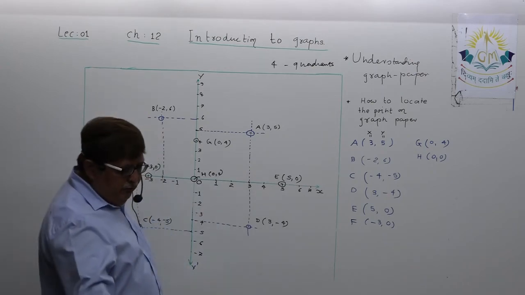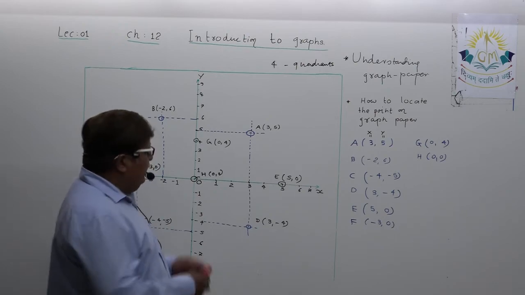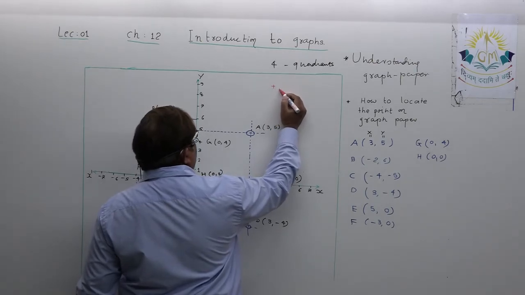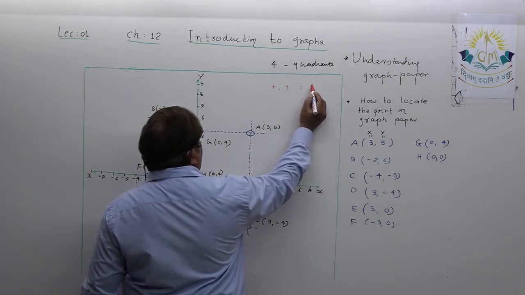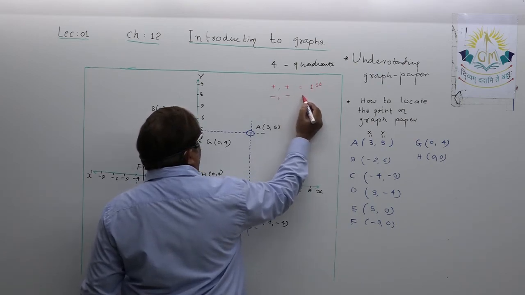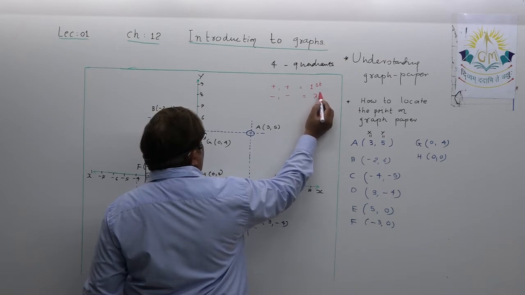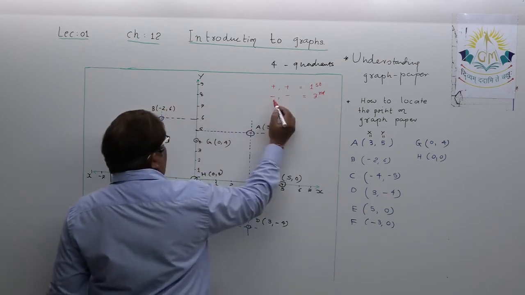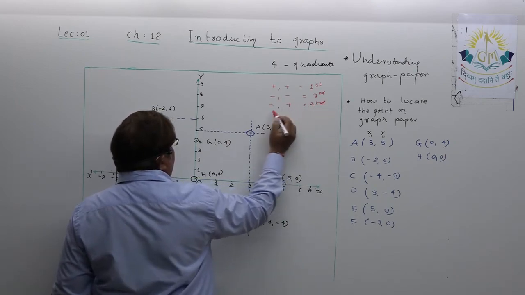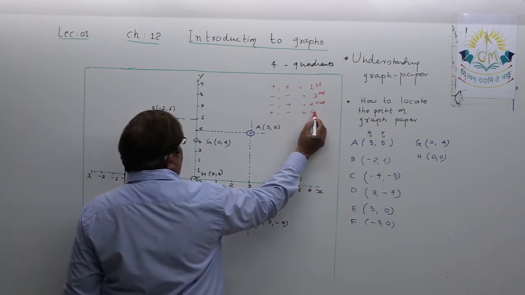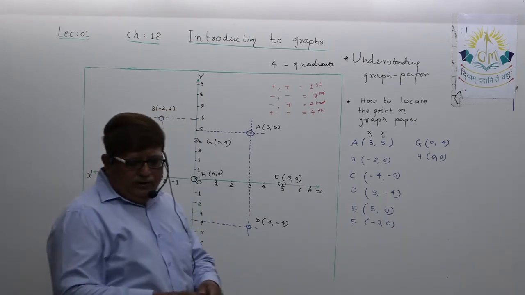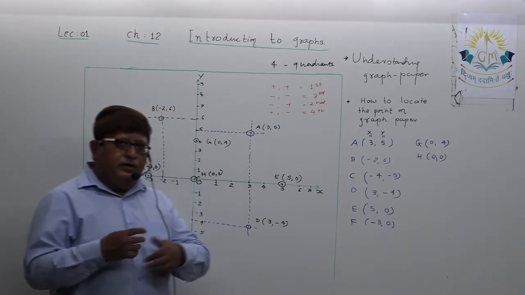And just to sum up this fact, you can write this way, dear student. Suppose both coordinates positive. Can you tell which quadrant? First. Both coordinates negative? Third. Negative positive? Second. Positive negative? Fourth. This way you need to keep this constantly revolving in your mind.